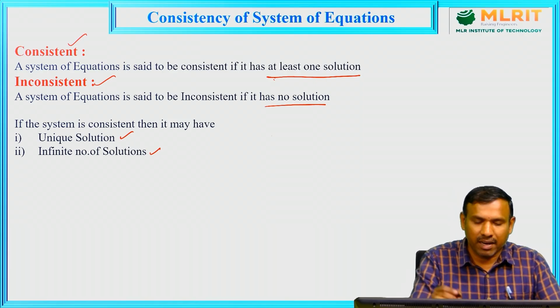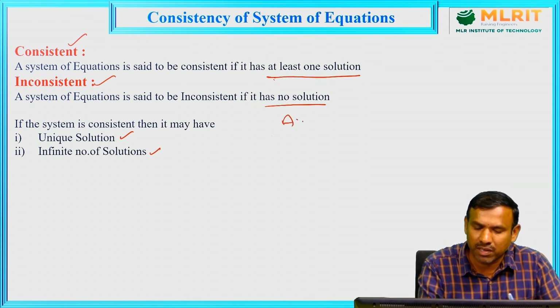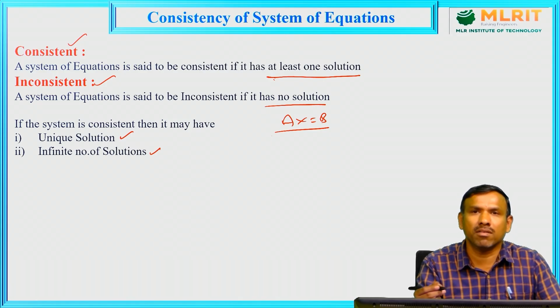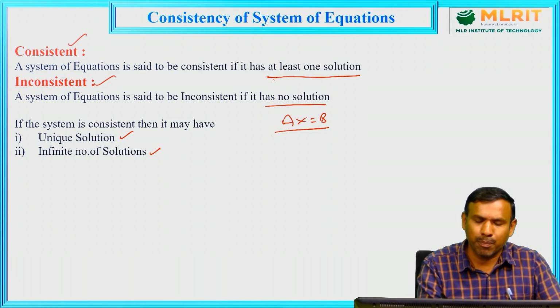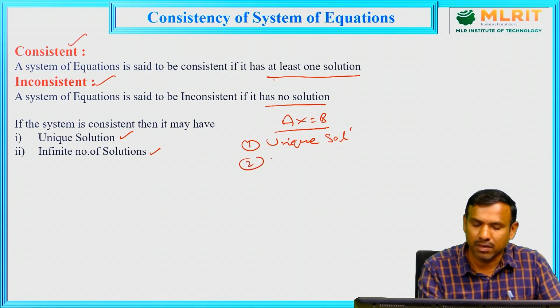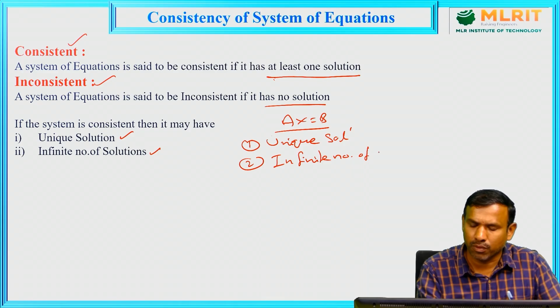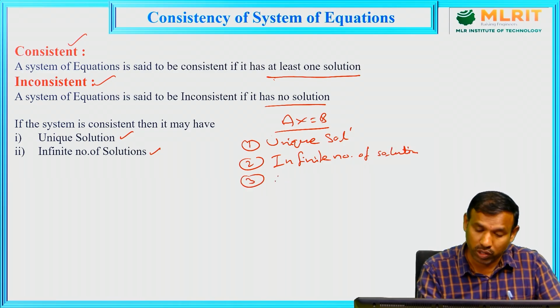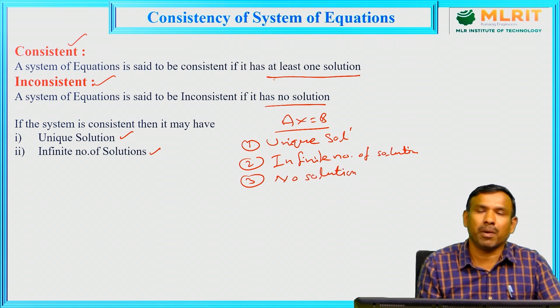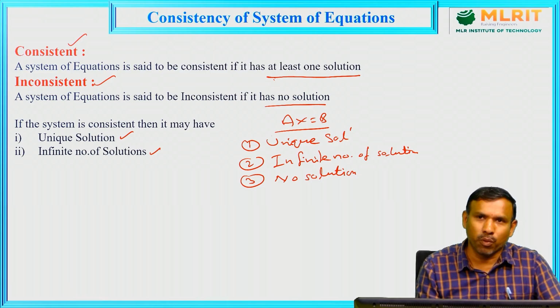No solution means inconsistent. If a system Ax = b is given, what could be the possibilities in finding the solution? There are generally three possibilities. The first is a unique solution: only one and only one solution.